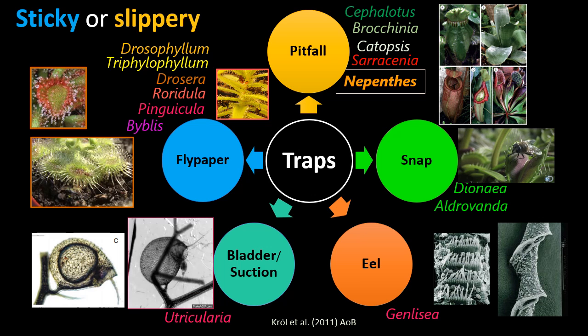There are many types of carnivorous plant depending on the different type of trap, either very sticky or very slippery. Pitfall traps are mainly slippery traps, and Nepenthes is one of the passive carnivorous plants with a pitfall trap. You can see some active traps like the Venus flytrap using a snap trap, and then bladder suction in the aquatic Utricularia, and then the flypaper that sticks to the plant, especially the Drosera species.